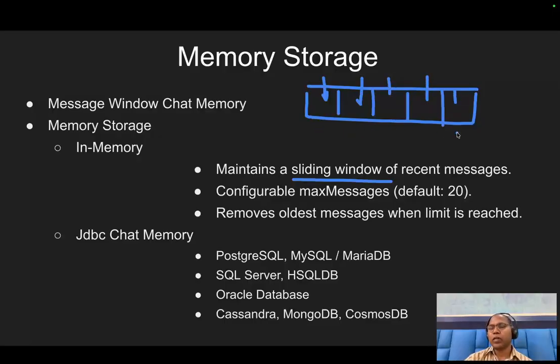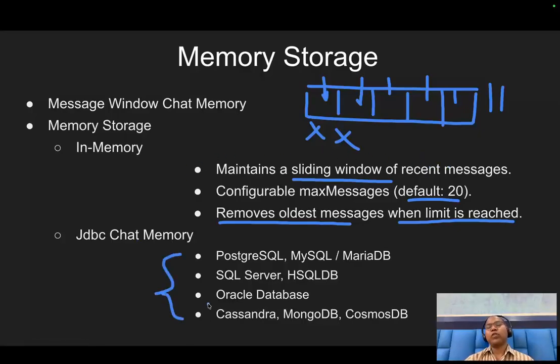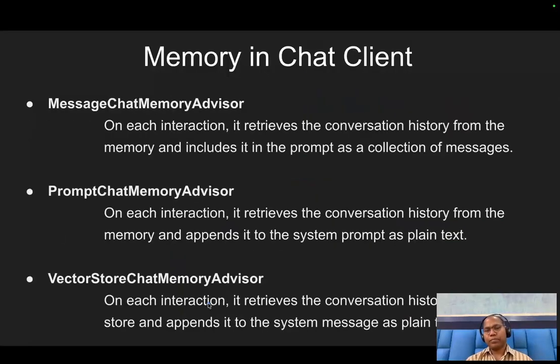If this 20 is full, then with the sliding window, the previous one is removed and a new one is inserted. That is configurable. You can change this default 20, and the oldest message is removed when the limit is exceeded. Okay, a sliding window is the similar kind of in-memory. But with a database, whatever strategy you want to implement, you can use.